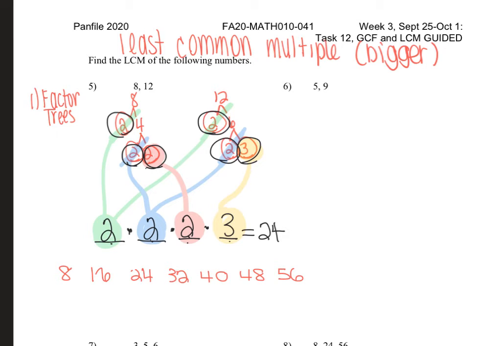The second person knocks on the 12th door, the 24th door, the 36th door, the 48th door, the 60th door, the 72nd door, and on and on. So you see the first door they both knock on would be the 24th door.